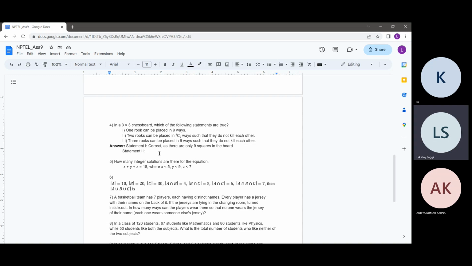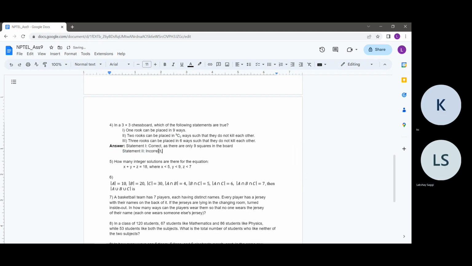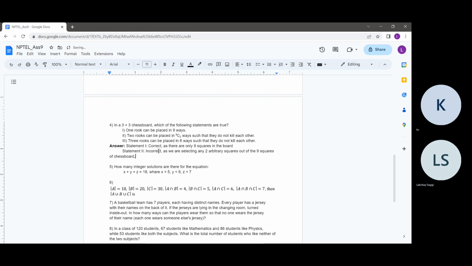So I'll not get into the actual number of ways, but this 9C2 is definitely incorrect, because we are selecting any 2 arbitrary squares out of the 9 squares of the chessboard, but these might belong to the same row or column. That's why statement 2 is incorrect. I hope you get the reasoning for this.